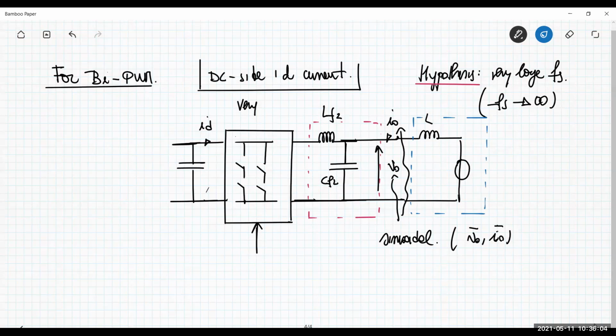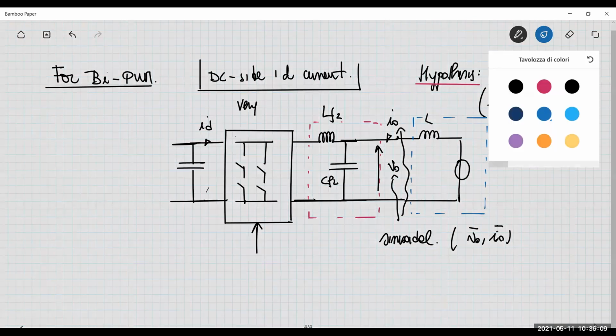At the input, I'd like to have the same circuit, the same filtering that you have at the output.